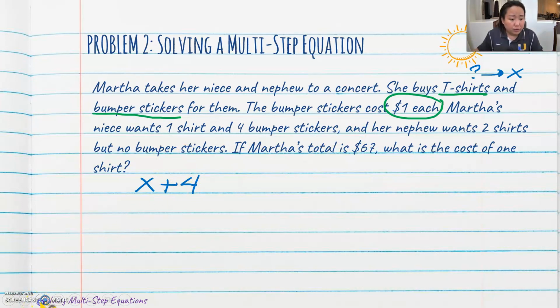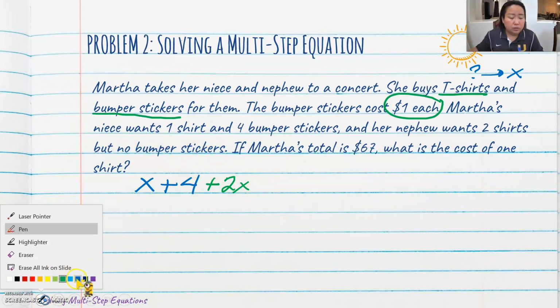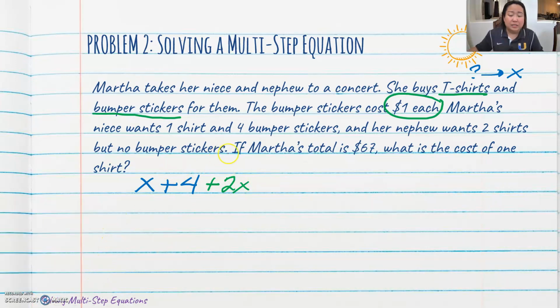The nephew, on the other hand, wants to have 2 t-shirts. Do we know again the cost of the shirt? No. So that would be plus 2x. And he doesn't need any bumper stickers. Now, according to the problem, she paid a total of $67.